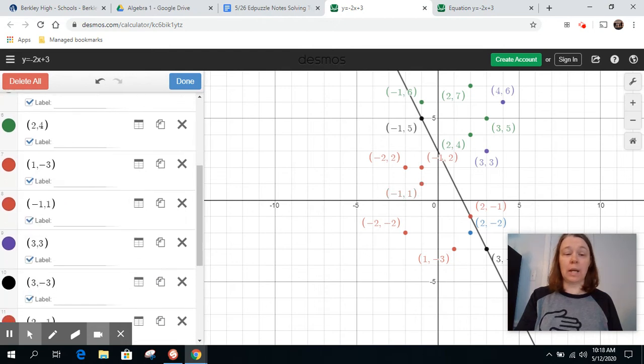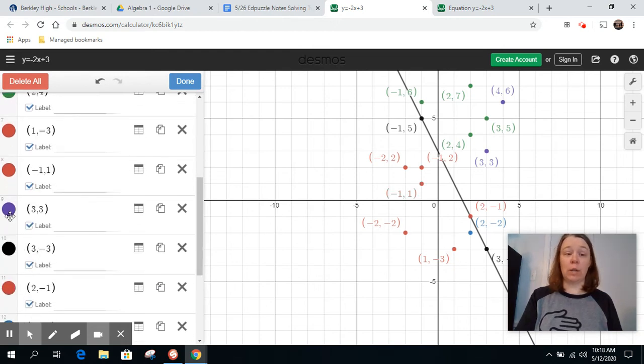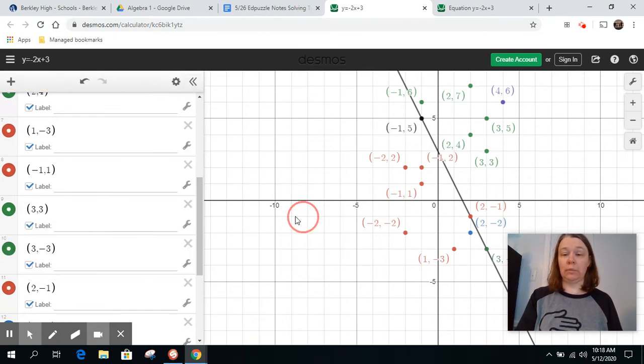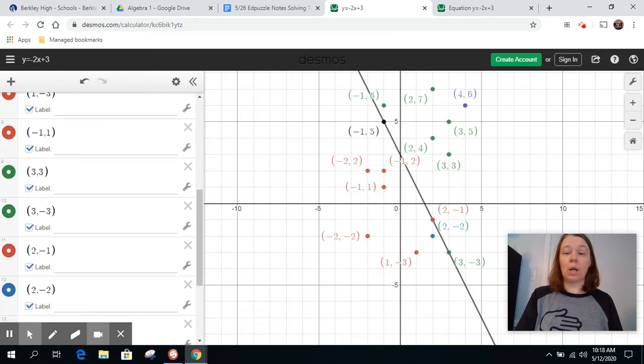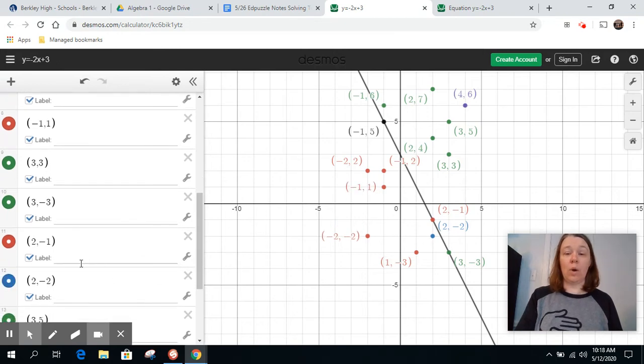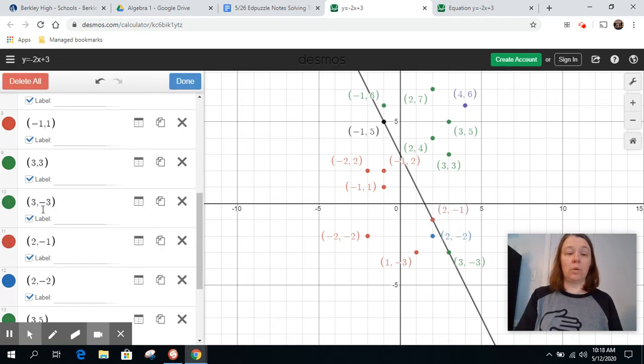So as I'm going through these guys, the ones that are solutions, I'm turning green, and the ones that are not, I am turning red. And I want you to be thinking about what patterns you're noticing about where the solutions are compared to the ones that are not solutions. So what patterns are you guys noticing?